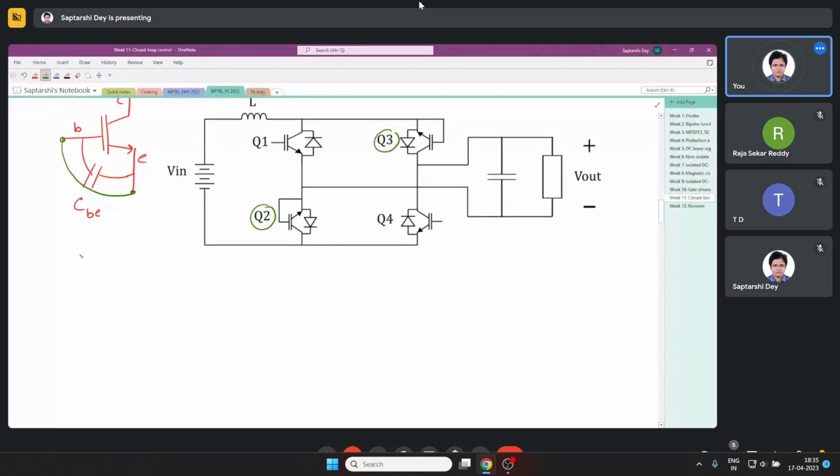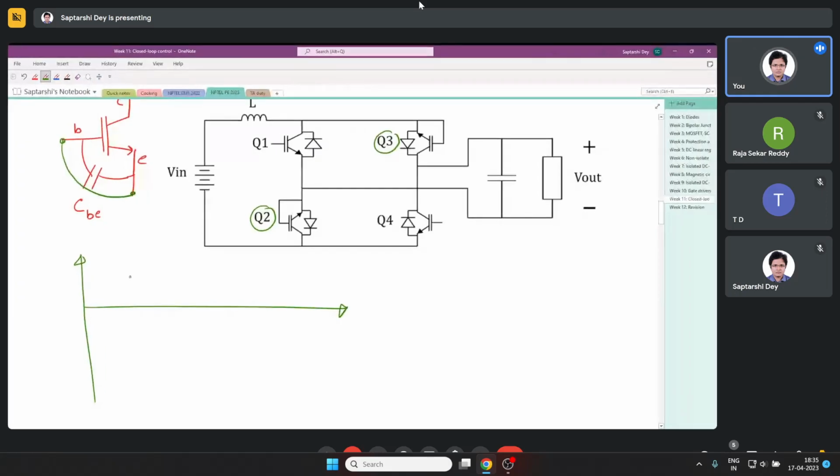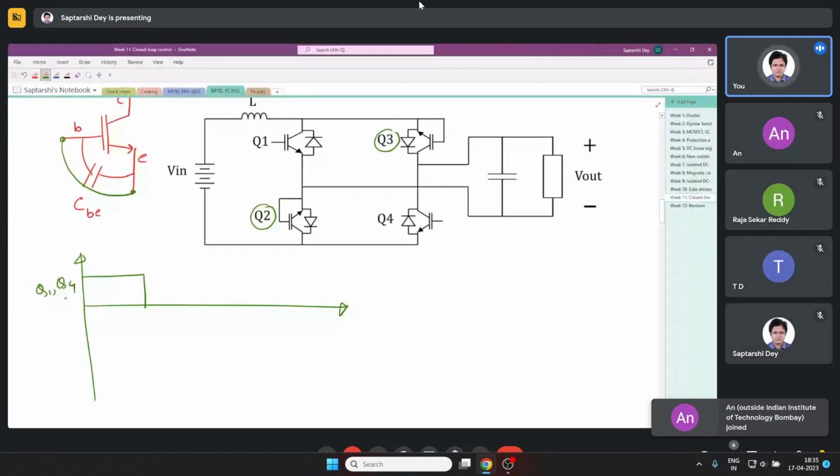What is happening when I am turning on Q1 and Q4? Q1 and Q4 are being turned on together.